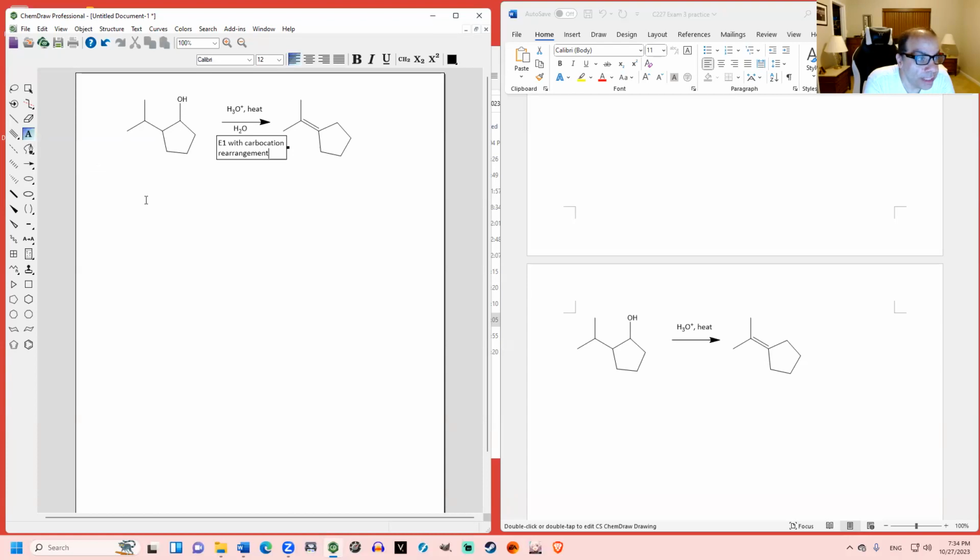So the first thing we need to do, since OH is a terrible leaving group, we need to put a proton onto that oxygen. And the only thing we have available to do that is H3O plus.